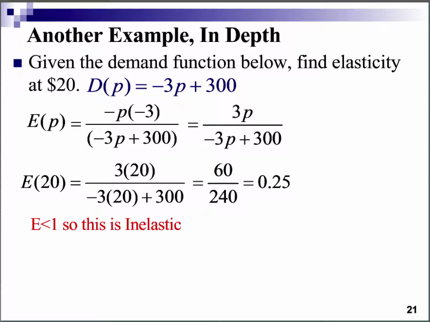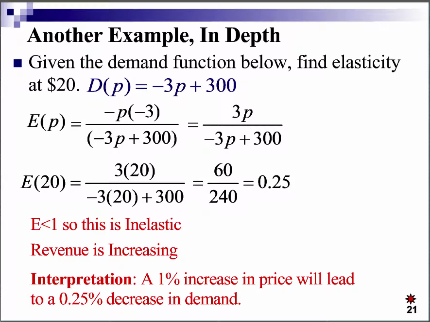When we look at this, we have an elasticity value that is less than 1. So this is inelastic. We know then that revenue is increasing here, and our interpretation is pretty straightforward. For the elasticity equation that we've been using here, we always assume a 1% increase in the price, and then the elasticity value is the corresponding percent decrease in the demand.